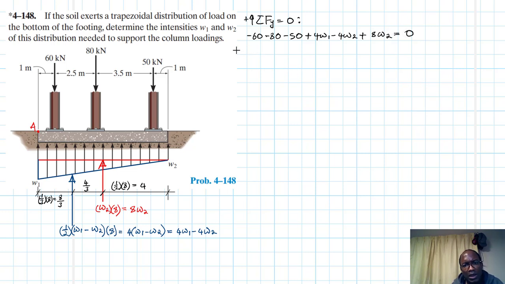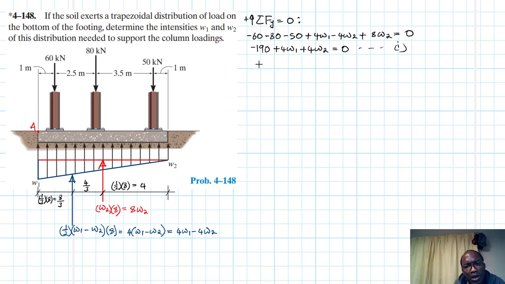This becomes minus 60, minus 80, minus 50, which is minus 190, plus 4W1 plus 4W2 equal to 0. So this is our first equation.